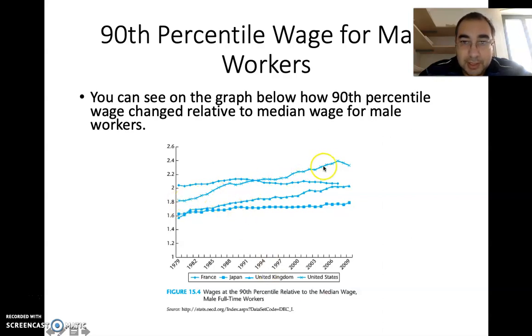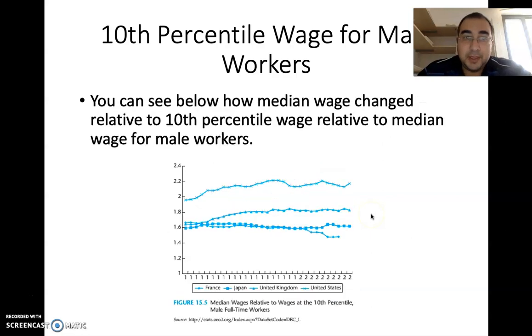In the United States it has increased up to 2010 to 2.2, 2.4 points. In Japan it has remained fairly constant. In the United Kingdom it has increased, not as much as the United States, but it has still increased. In France it has again remained fairly constant.